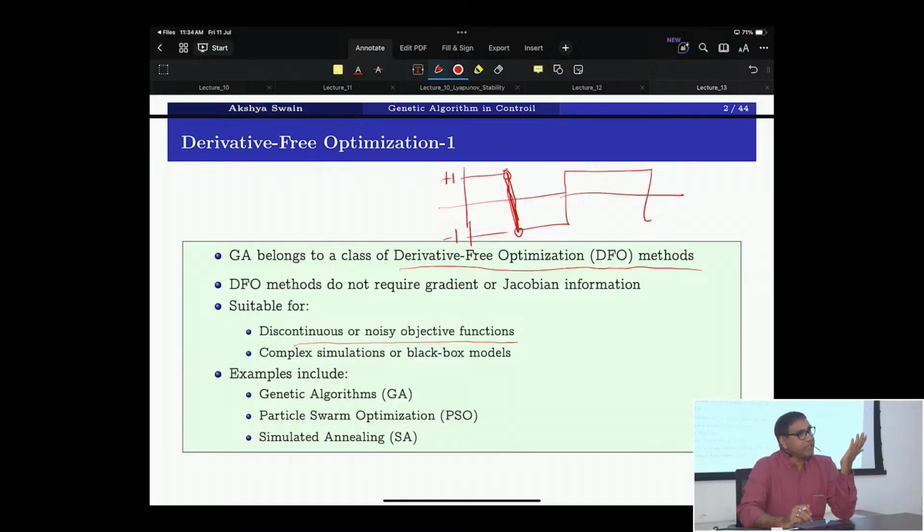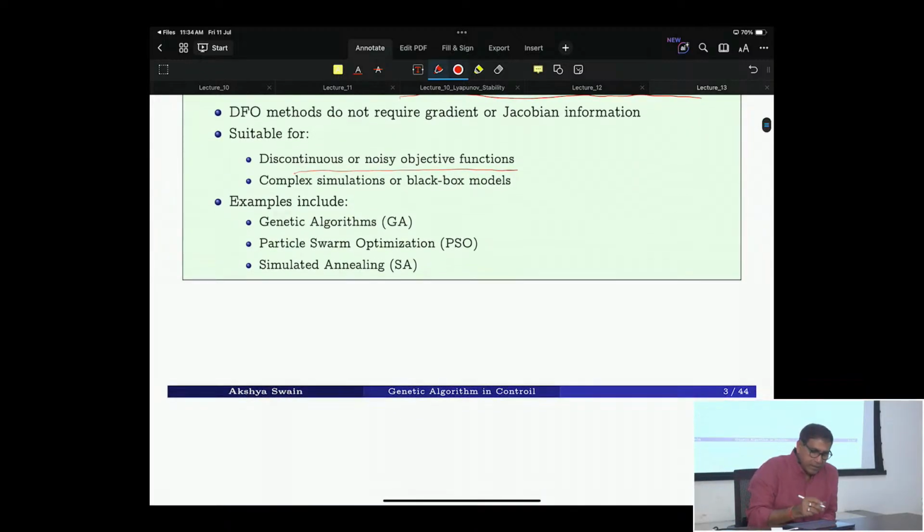So GA-based methods are derivative-free optimization techniques. They do not require any gradient, and you can optimize certain things. Genetic algorithms, and most of the bio-inspired computing, they say bio-inspired computing, right?